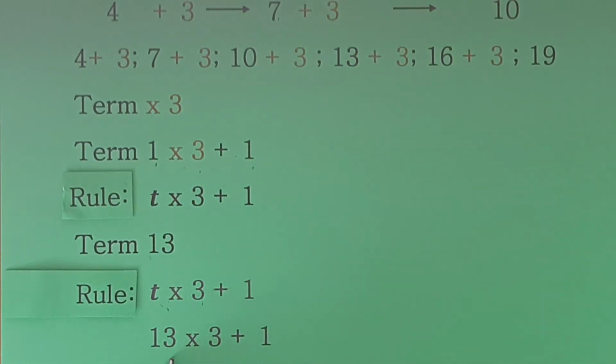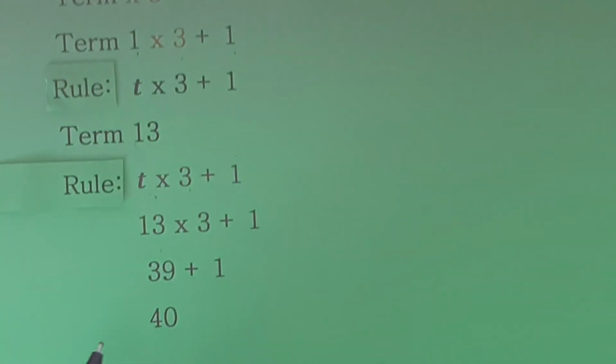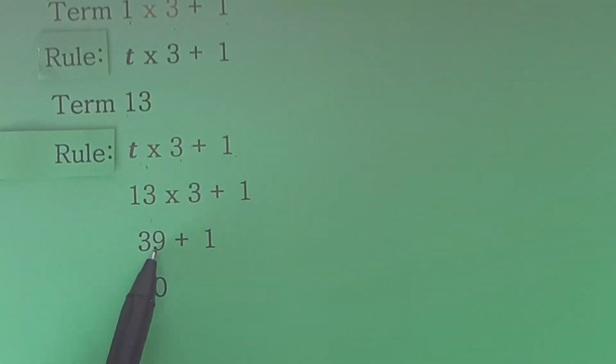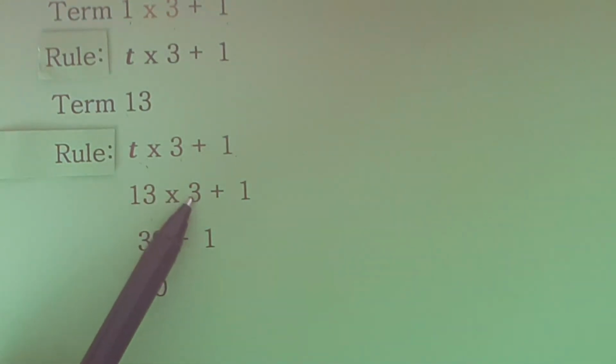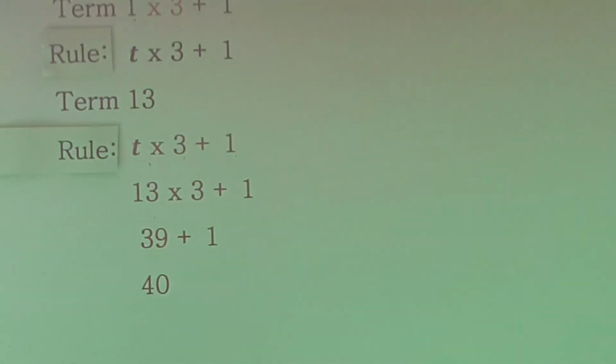To determine term 13, it's 13 times by 3 plus 1. That gives you 39 plus 1. So in your 13th term, you will use 40 matches. Or they can ask you, what will be your 13th term? And then you say 13 times by 3 plus 1, and that will be 40.